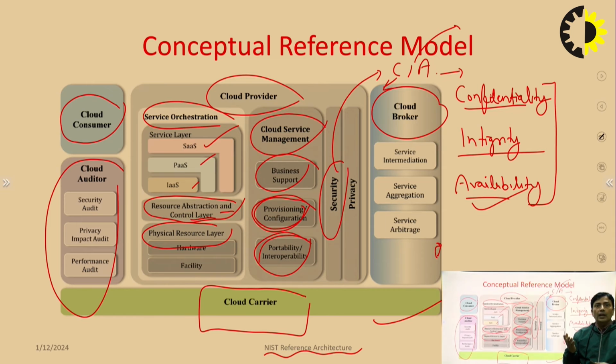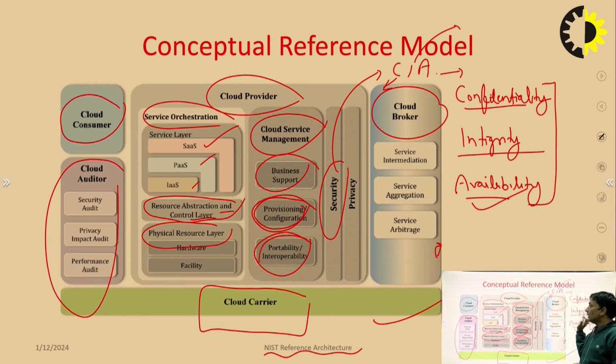The well-known attacks, the DoS attack, denial of service attack, and DDoS, distributed denial of service attack, target the availability. They make your resources or that particular server unreachable, so the legitimate user cannot use it. So security means ensuring all these things.